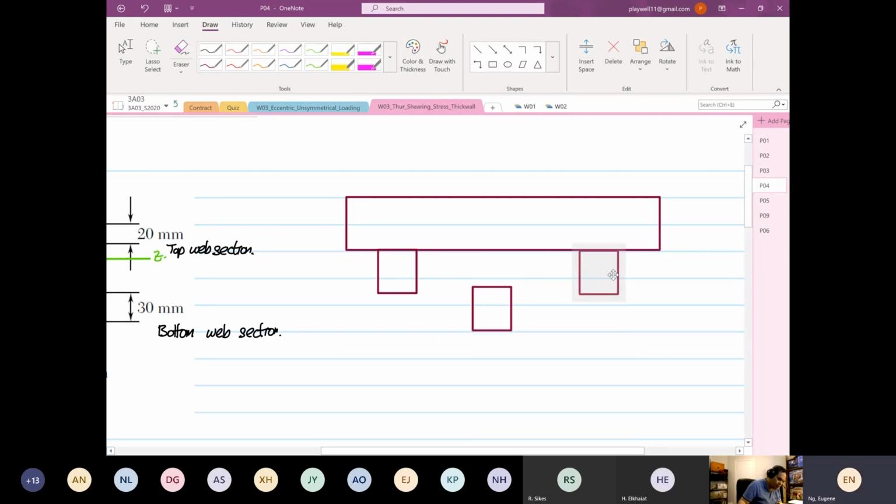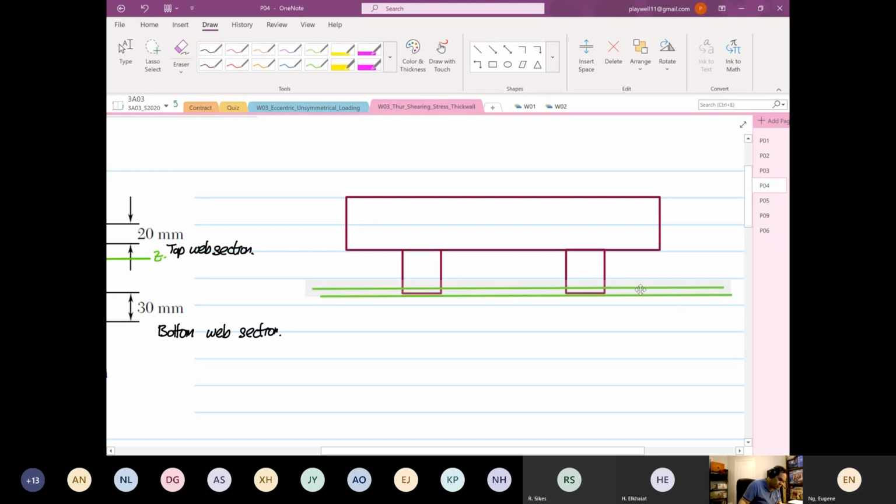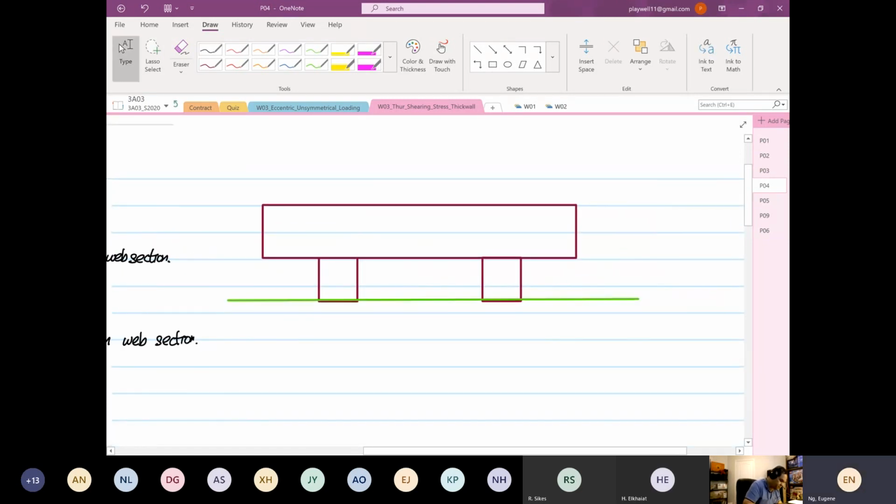Right, so this is our top web section now. And then again, we have our neutral axis or centroid. Okay. So now our y variable, again, our analysis has to start from the outside again.